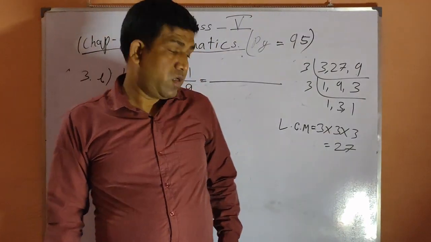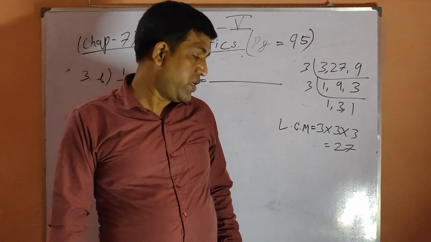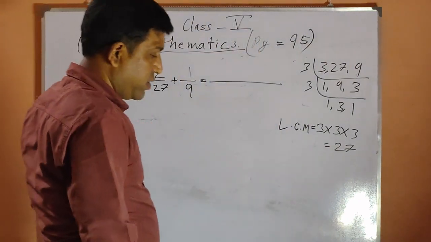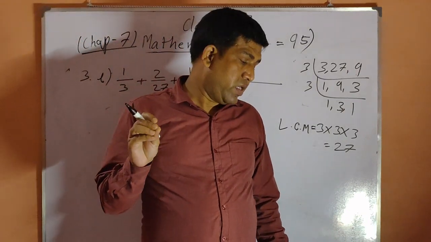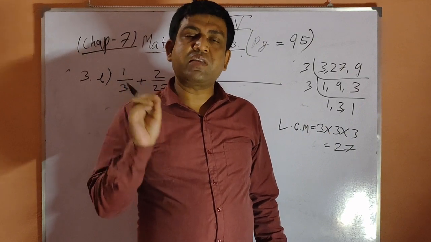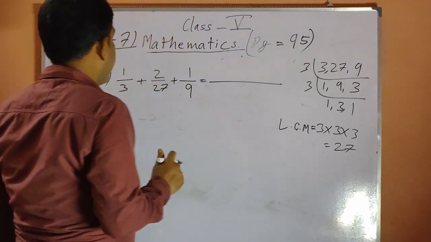Clear? Now go to page number 95, question number 3B. If you understand questions B and D, then you can do A and C also. So I am doing question 3B.